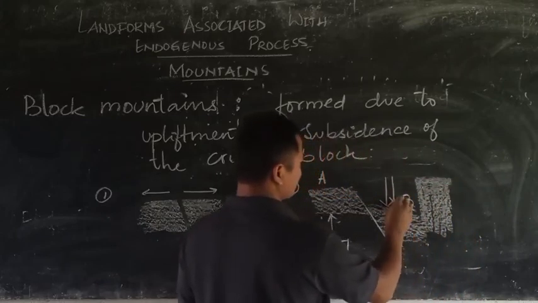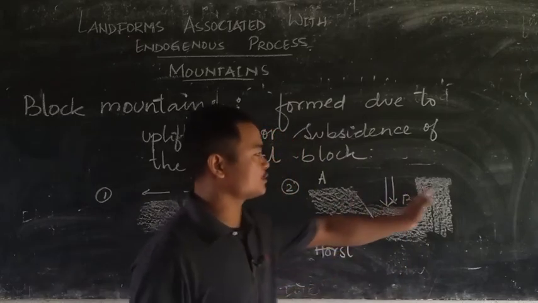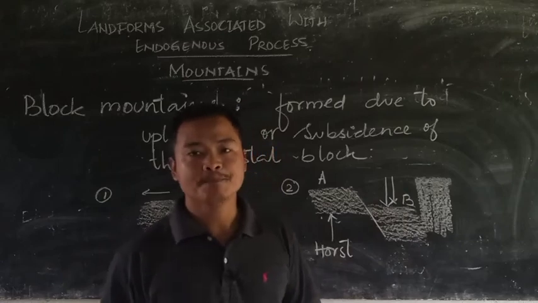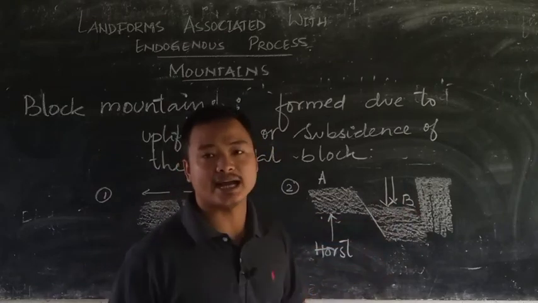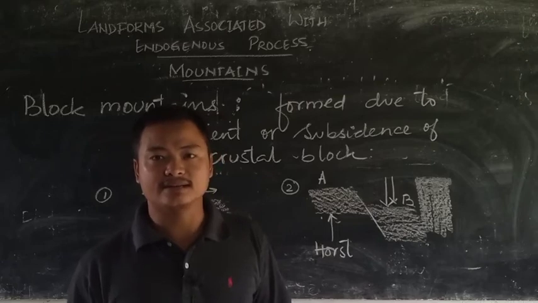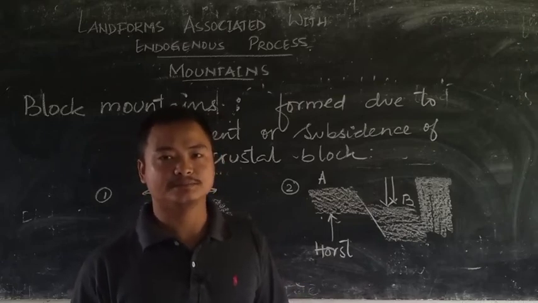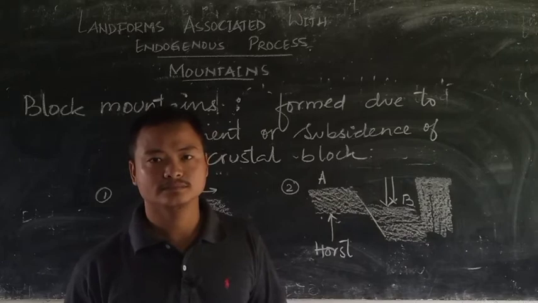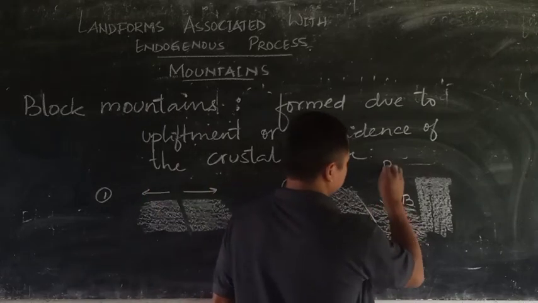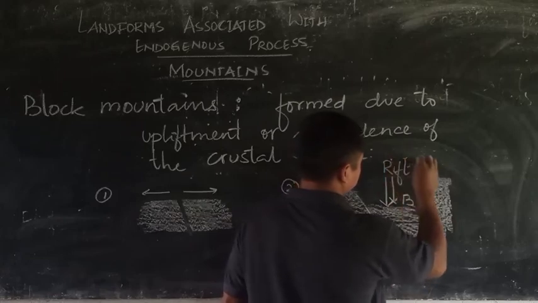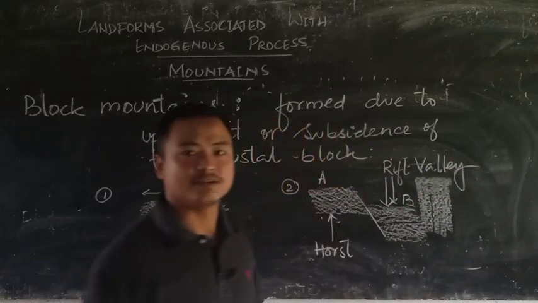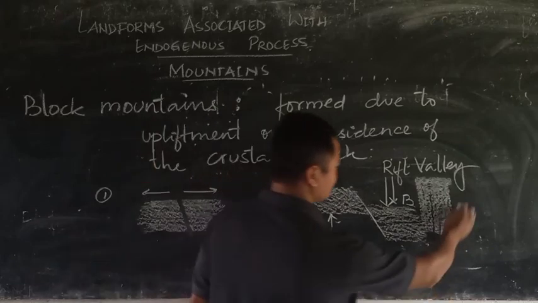If we see this depression between these two crustal blocks due to the subsidence of this central portion, the valley formed with steep-sided walls, or you can say steep-sided mountains, is known as Rift Valley. This Rift Valley is known as Graben in German term.